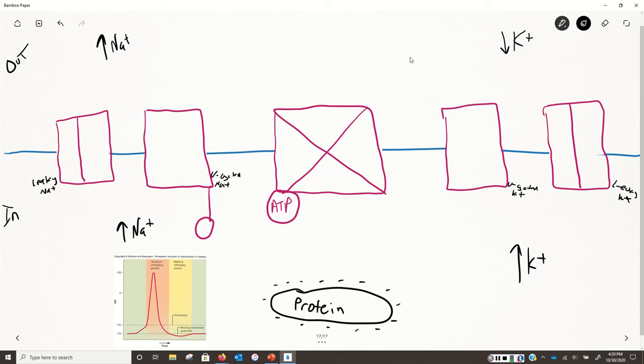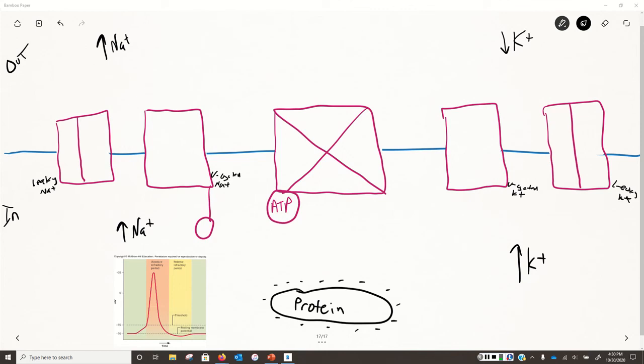Now, before we talk about this graph down here and things like what voltage we are at, I want to talk about things that are always going on in this cell. Regardless of what else is going on in the cell, there's a few things that are always going on.